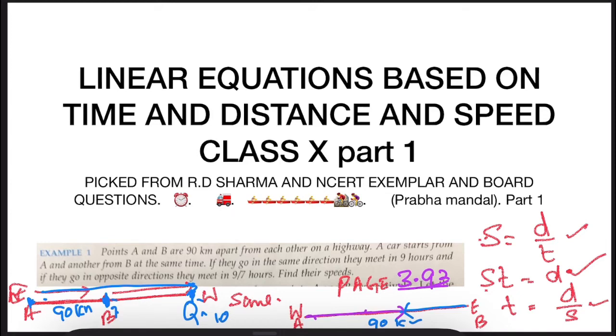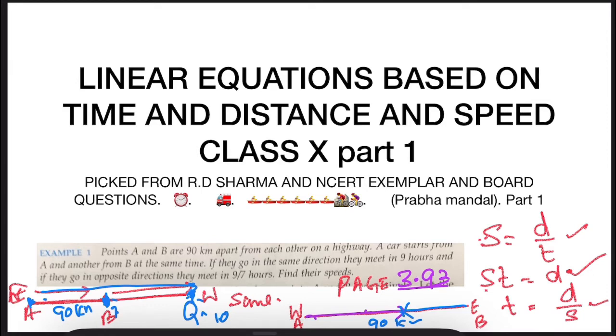That means this distance is small. So how will you find it? AQ minus BQ will give you AB, and the distance will be 90. The distance AQ minus BQ will give you AB.